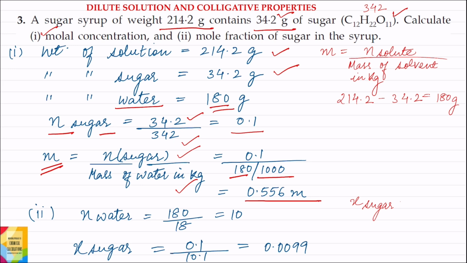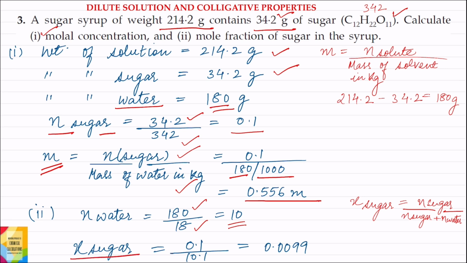So mole fraction of sugar in the syrup, the formula will be moles of sugar divided by total moles. Now total moles is equal to moles of sugar plus moles of water. So moles of water will be equal to weight of water divided by molecular weight of water, and this is equal to 10 moles.